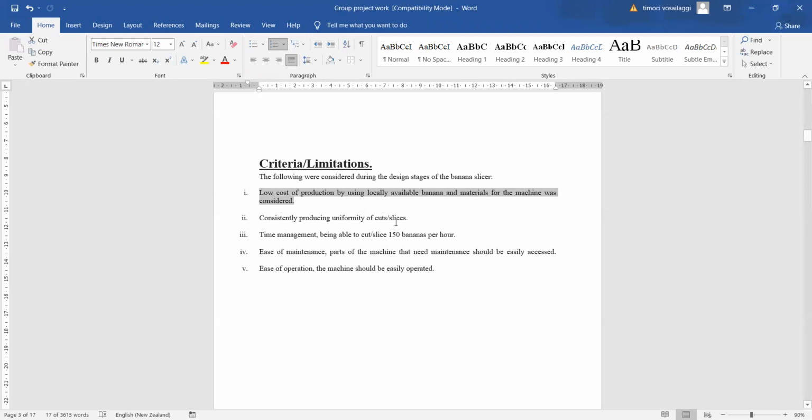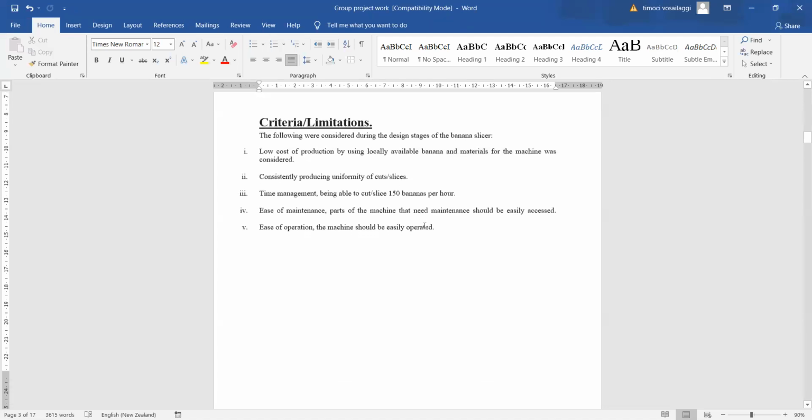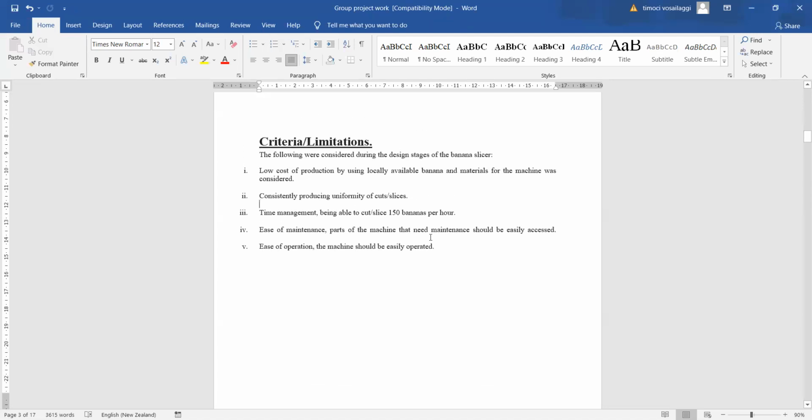Consistently producing uniformity of cut slices. Okay. Should be easily operated. Ease of maintenance, the machine should be easily accessed. Okay, this may need some work because a lot of them are statements, but they aren't decisive points that you've made.